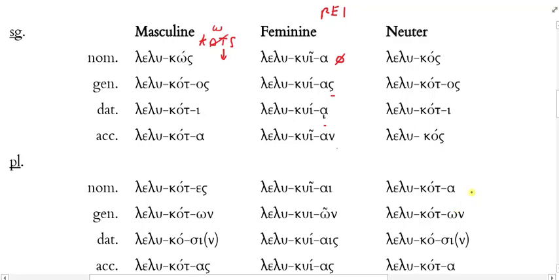All right, so let's read these forms together real quickly. Ready?